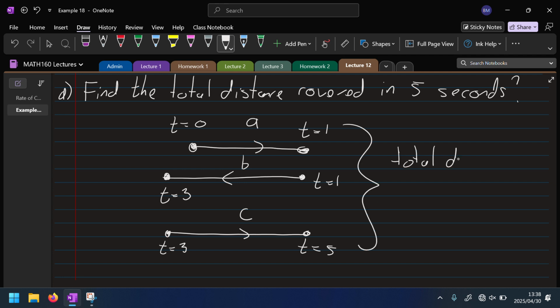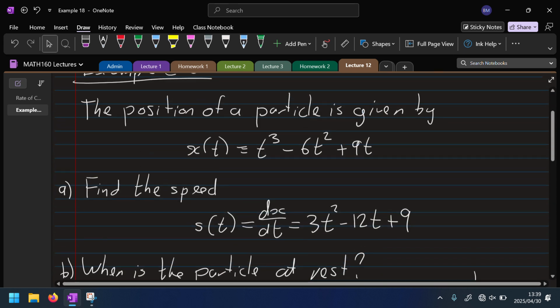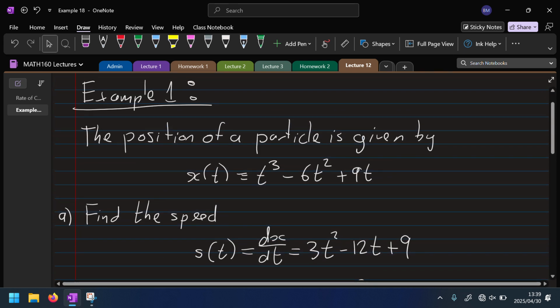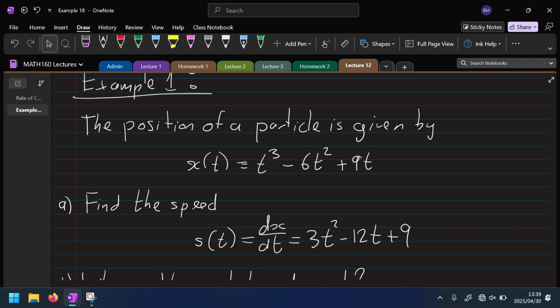So the total distance is just a plus b plus c. Okay, so please fill in what a, b, and c are. So that is for homework. Okay, and you've got the distance function over here, x of t. So you're just checking what the a, b, and c are using that position function.